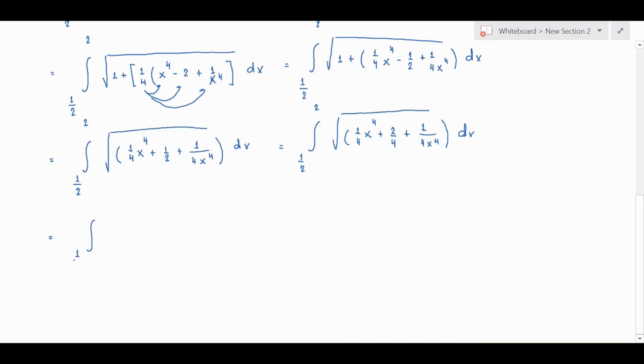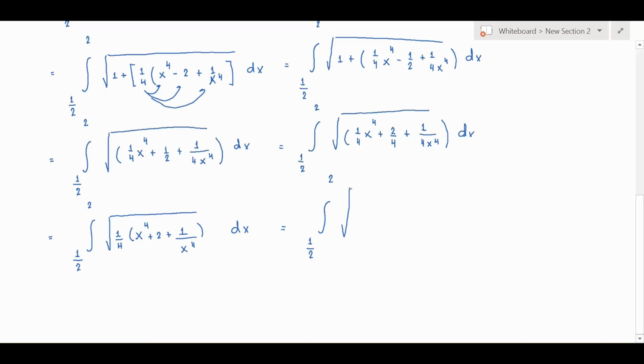So an integral from 1/2 to 2 of the square root, and I'm going to factor out 1 over 4. Then I will have x to the 4th plus 2 plus 1 over x to the 4th, dx.